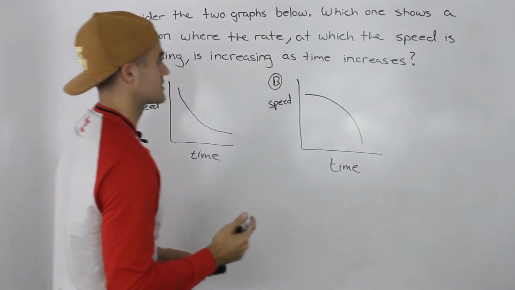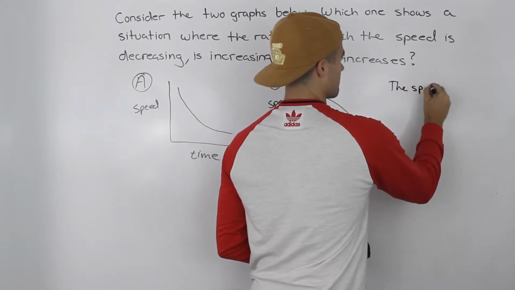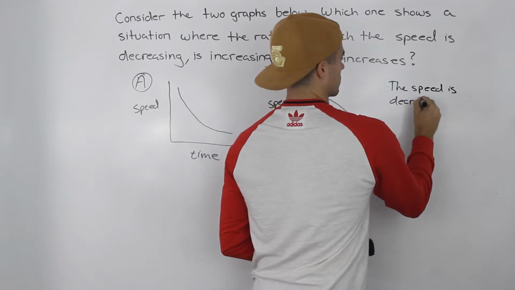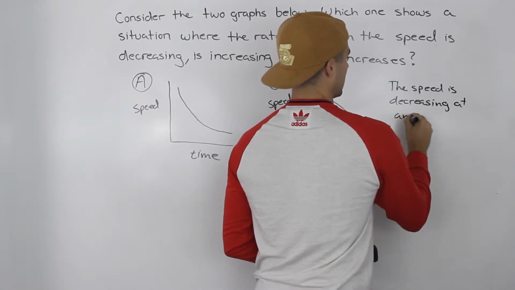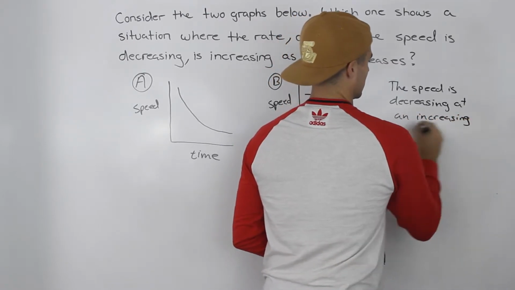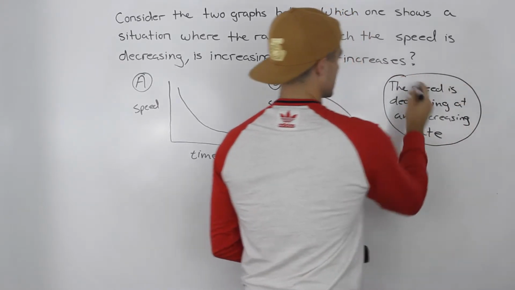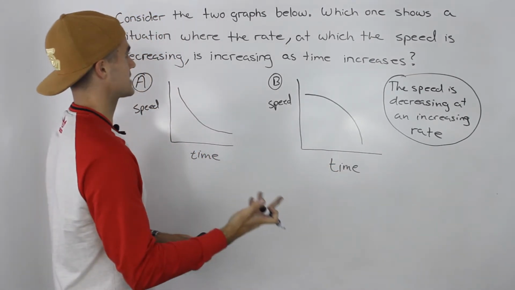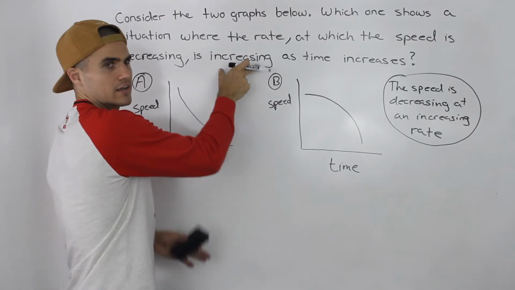So we can rewrite this. We can say that the speed is decreasing at an increasing rate. This wording, the speed is decreasing at an increasing rate, is the same as the rate at which the speed is decreasing is increasing, if that makes sense.